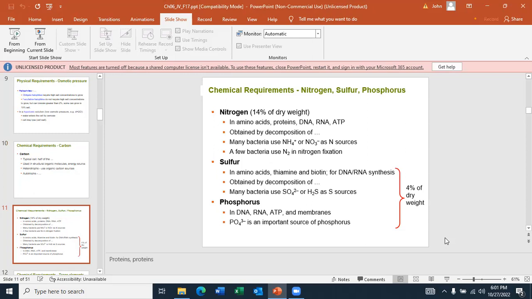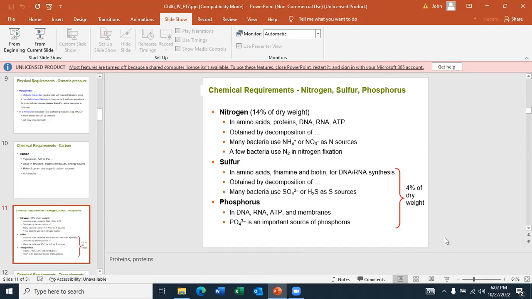But many bacteria, besides getting nitrogen from degrading proteins, can get it from other sources, such as ammonia or nitrate. A few bacteria can even use nitrogen from the atmosphere. And these we call nitrogen fixers, because they pull nitrogen out of the air and then make it available to the ecosystem. And how they make it available is the cell will eventually die, and then it will release nitrogen from the cell. Any question about any of that?